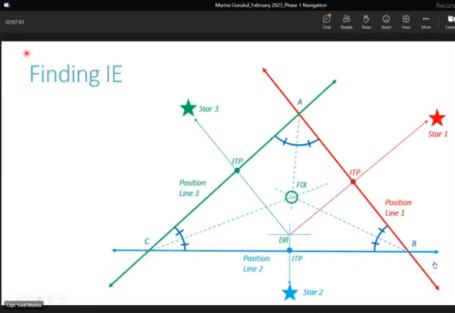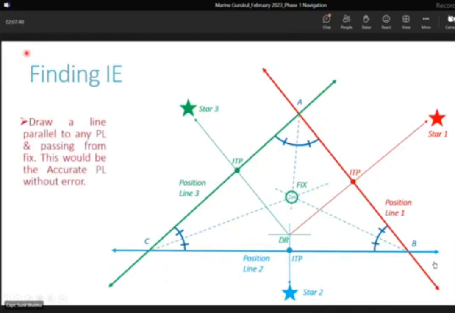So how do we find out this error? Now for finding out this error, you have to pick up any of the position lines. Any one of the 3 PLs can be picked up. For our example, let's pick up the first position line, the red color PL.